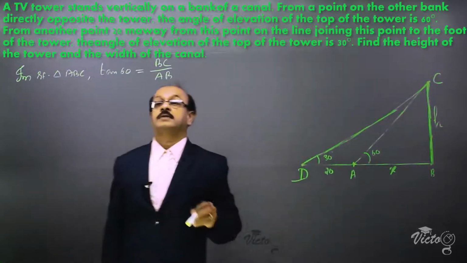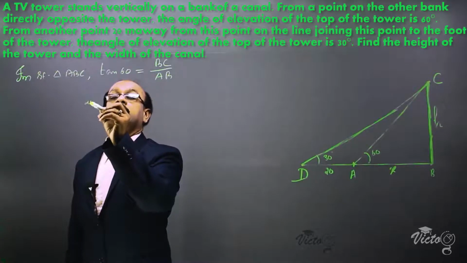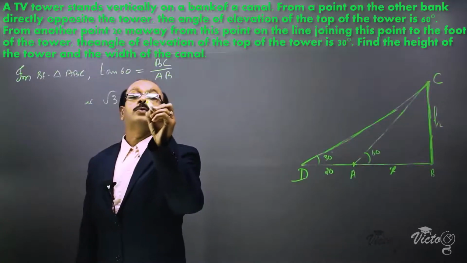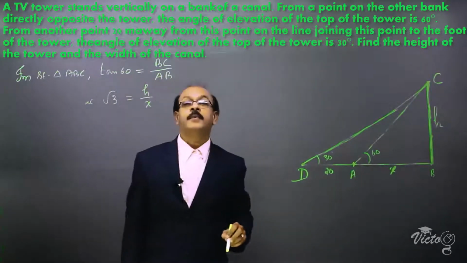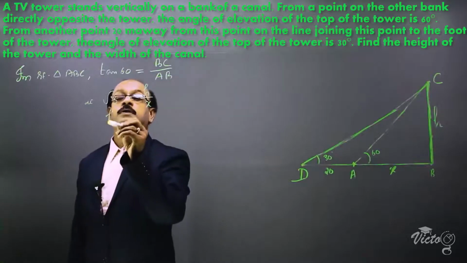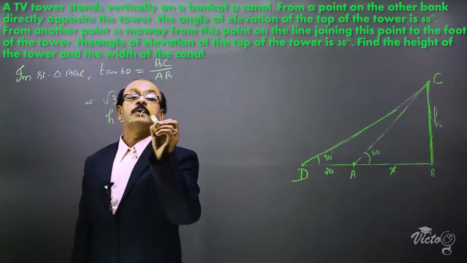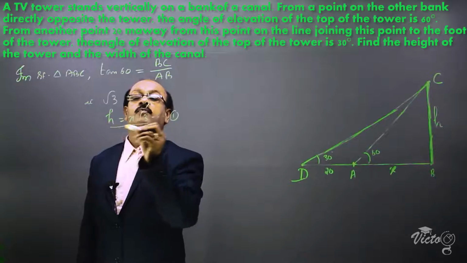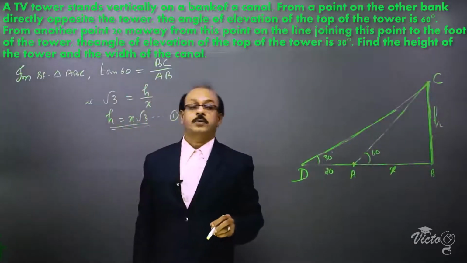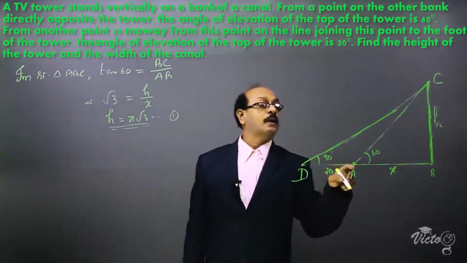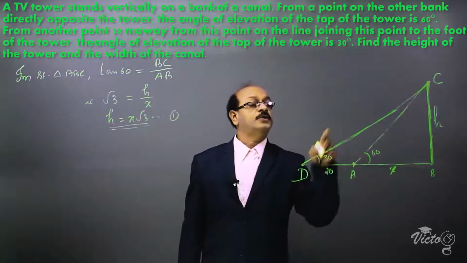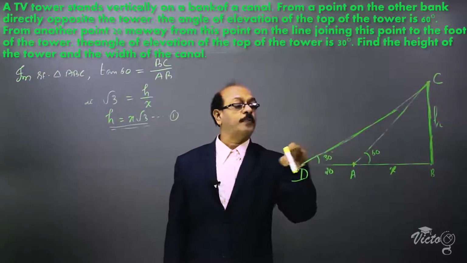The value of tan 60 is root 3, that is, root 3 is equal to h by x. Cross multiplying, h is equal to x root 3, naming it as equation number 1.